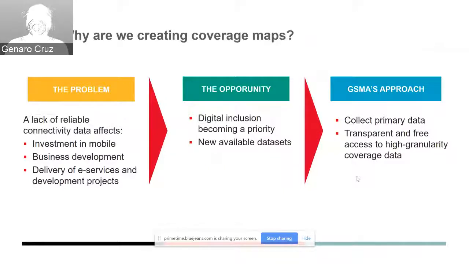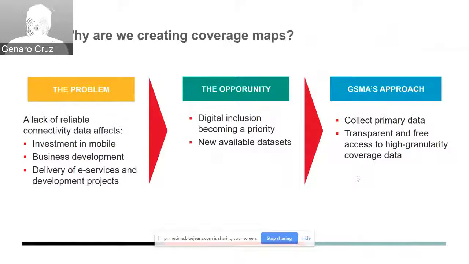And this was in conjunction with new data sets that became available recently that allow us, for example, population distribution data sets that we will discuss in a second, and which allow us to use all this data to create more data-driven decision-making.